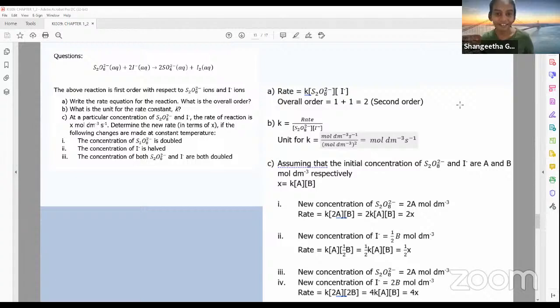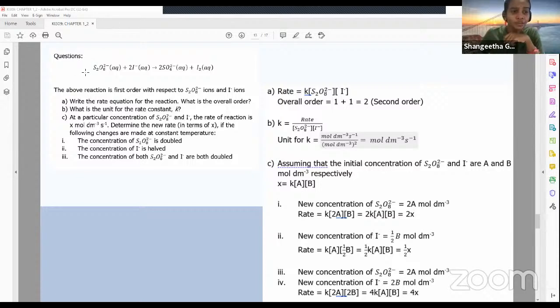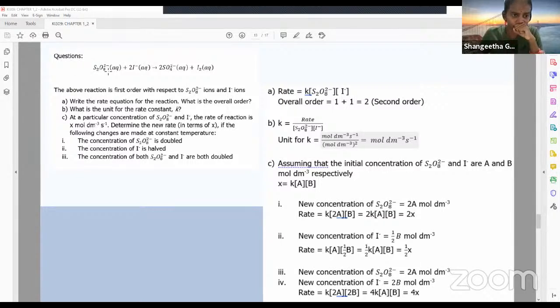Let's look at this question. S2O8 2- plus 2I- gives 2SO4 2- plus I2. The above reaction is first order with respect to S2O8 2- ions and I- ions.